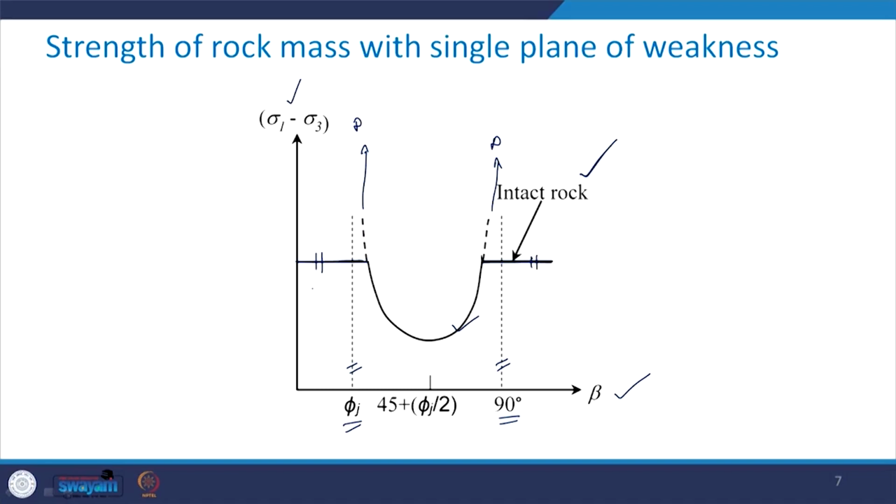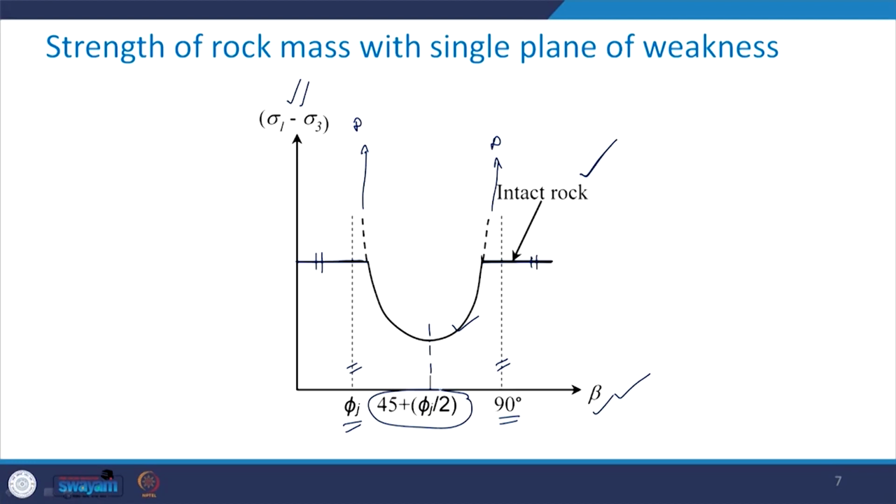If you plot sigma 1 minus sigma 3 versus beta for various values of beta, you will get a minimum value of this strength sigma 1 minus sigma 3 at the angle 45 plus phi j by 2.